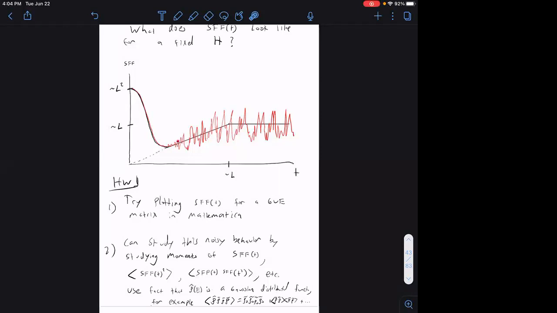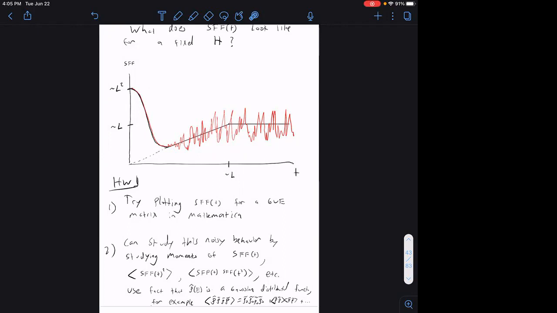The red signal is the function for a fixed Hamiltonian. The black line underneath is the ensemble average. So we can see the signal is noisy and oscillates erratically around the average ramp, and then erratically around the average plateau. So for a fixed Hamiltonian, you don't see the ramp and plateau exactly.